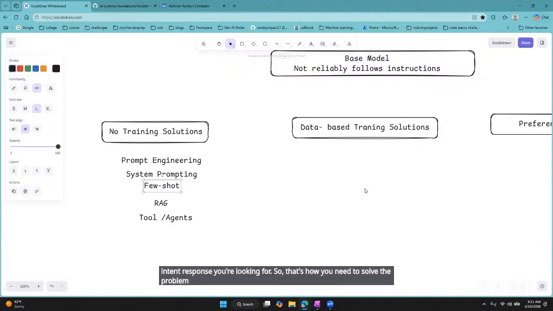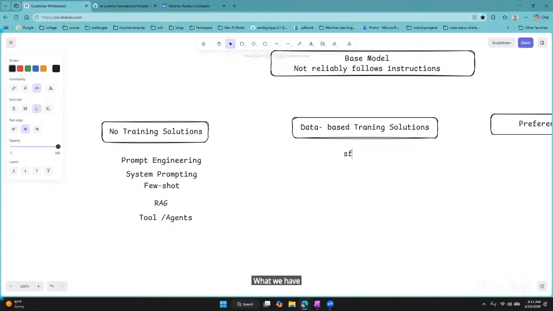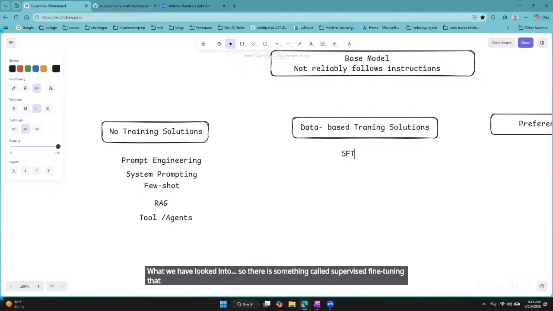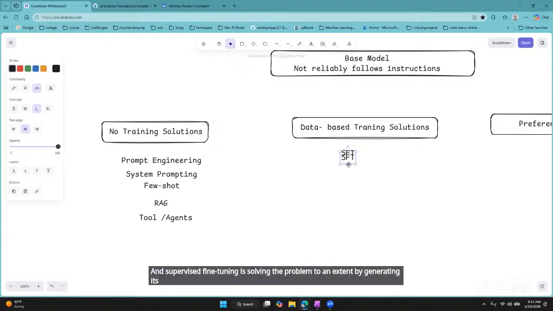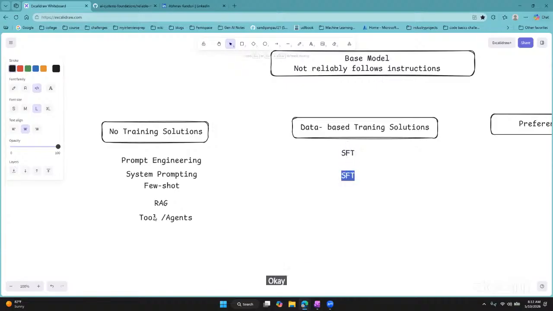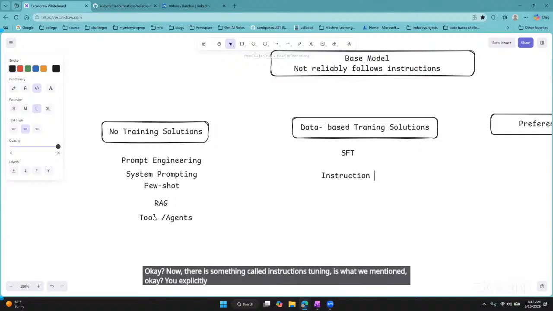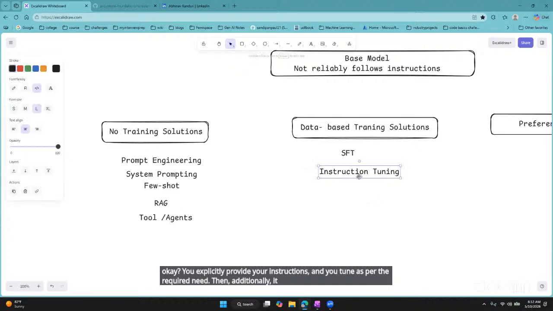Now coming on to data-based training solutions, what we have looked into. There is supervised fine tuning, which solves the problem to an extent by generating its own data. Then there is instruction tuning: you explicitly provide your instructions and you tune as per the required need, then additionally it will take care based on the instructions.